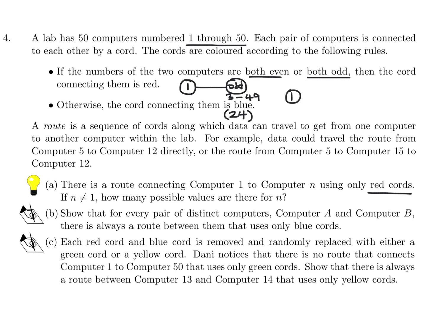You could have 1 connected to some odd number, and then that's connected to another odd number. So for example, if this was 5 and this was 17, now there's 24 choices here, but 23 choices here, using only red cords for n.